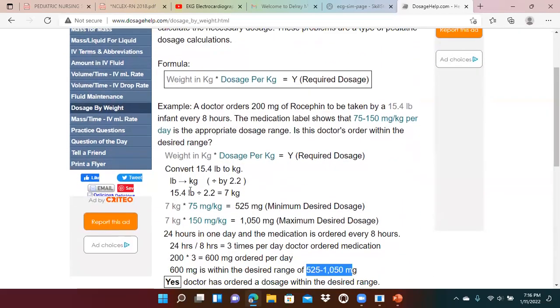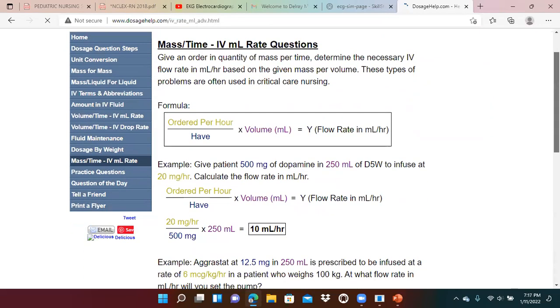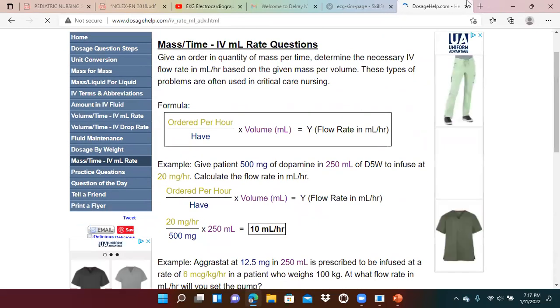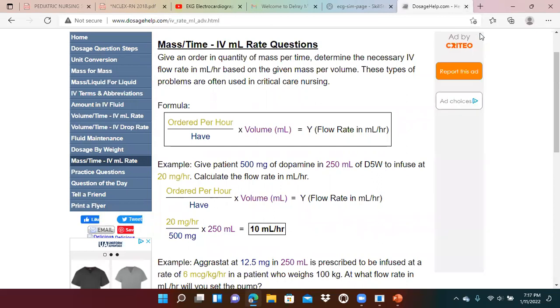Another formula we use is called the mass over time formula. So what is the mass over time formula? It gives the IV milliliter rate.